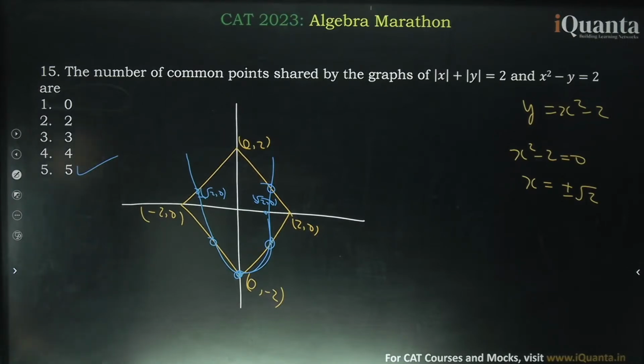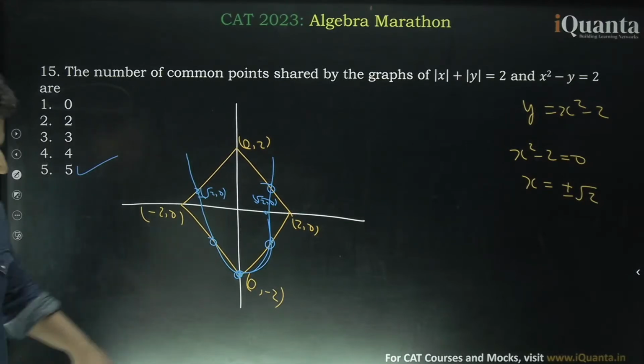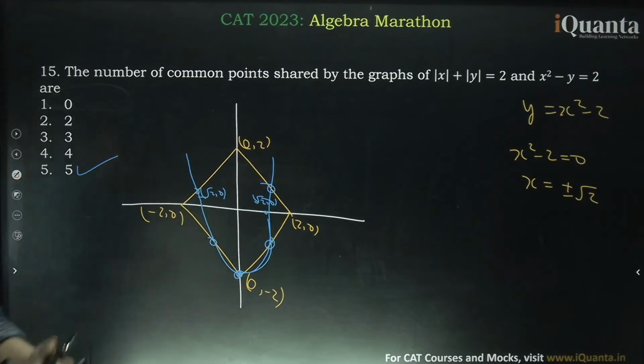Please tell me in the comments. Be quick. It's 5. It's not 4. It's 5, right? Because this is a common point, the vertex.